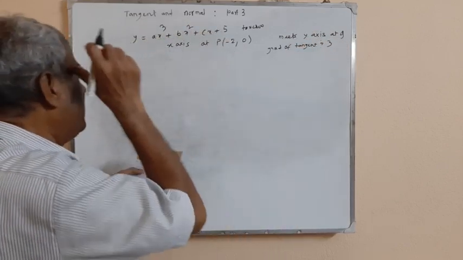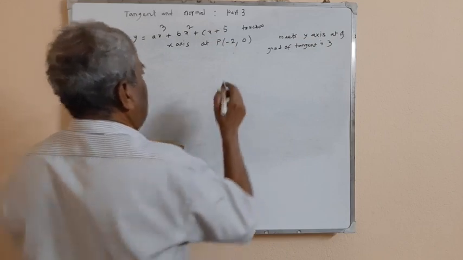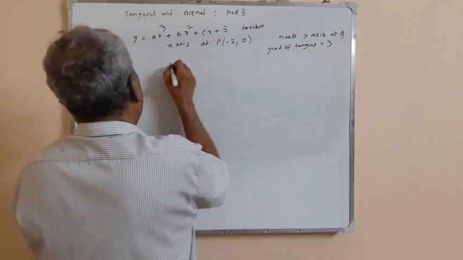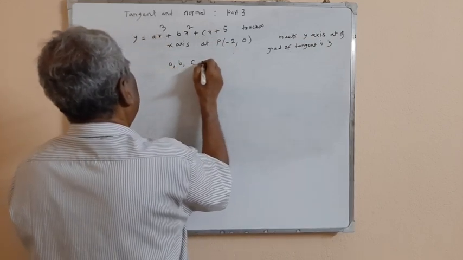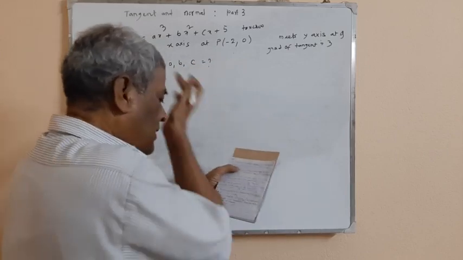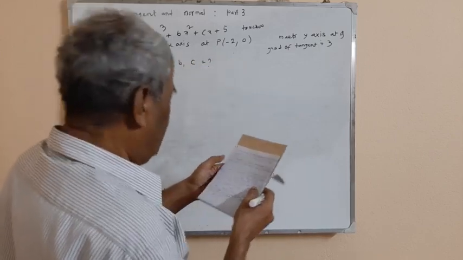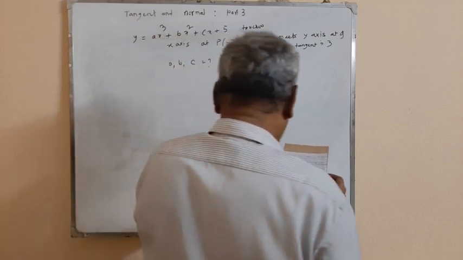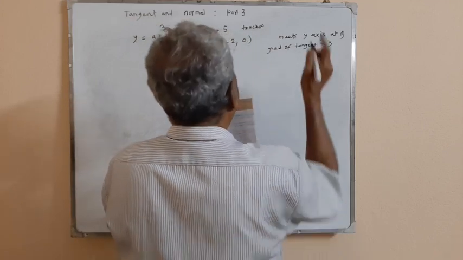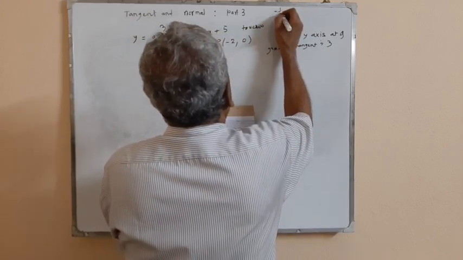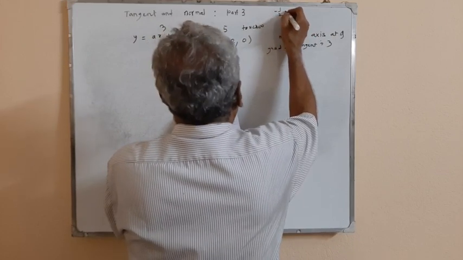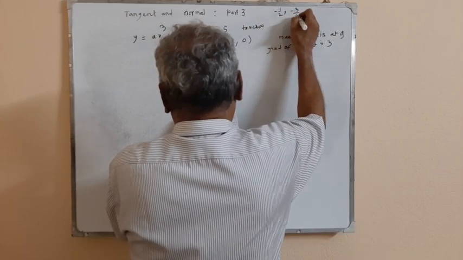Then find the values of a, b and c. Options are: first option, minus half, minus 3 by 4, 3.